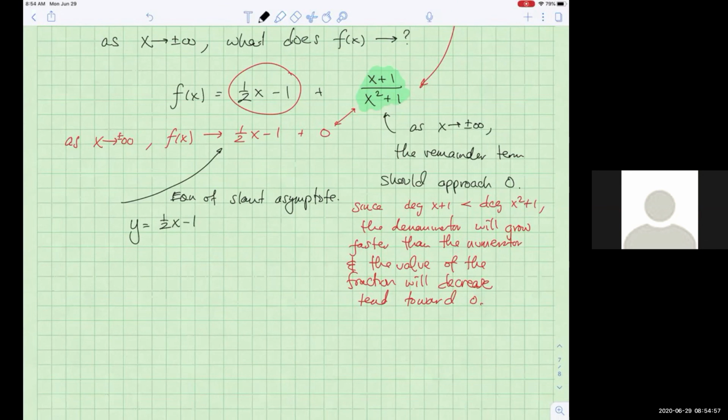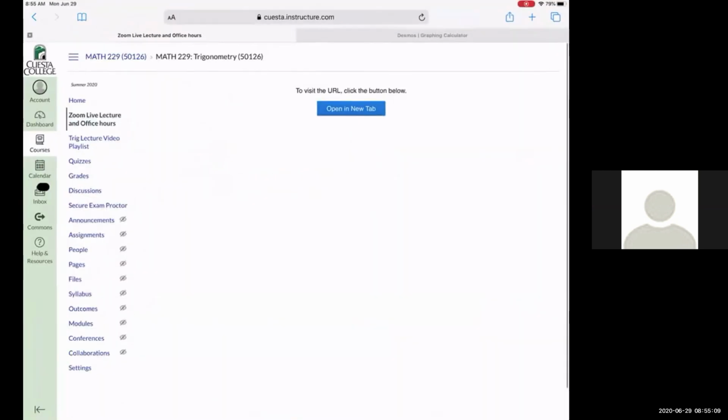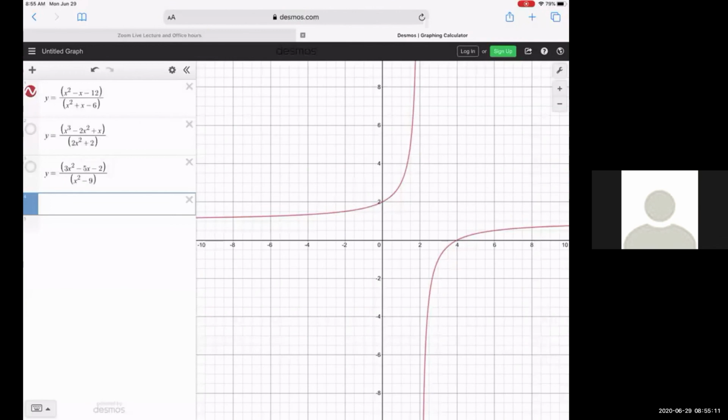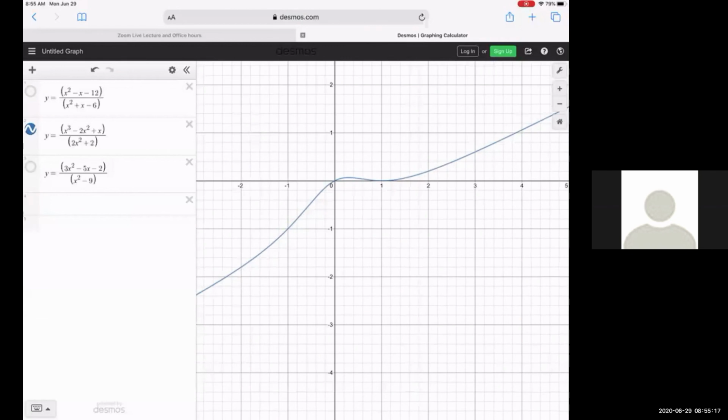So let's actually take a look at that behavior really quick. I'm going to show you what this graph looks like. I thought I had Desmos open. Desmos, let's see. Yeah. So this is our graph of the function f, or y, equals x cubed minus 2x squared plus x divided by 2x squared plus 2.